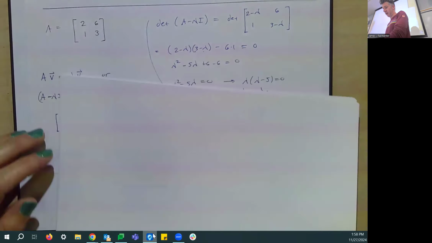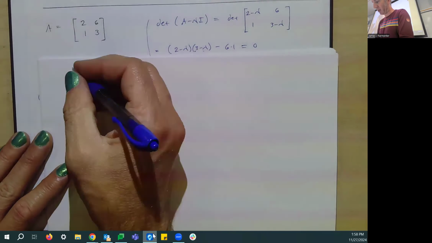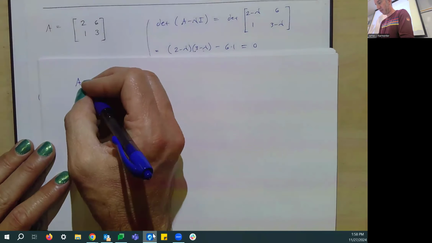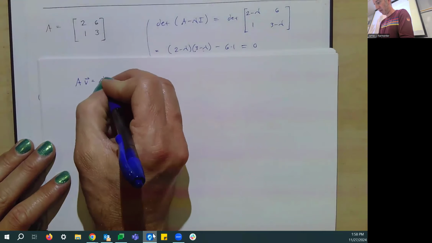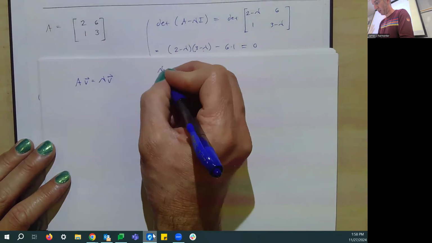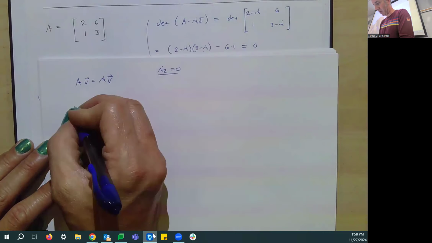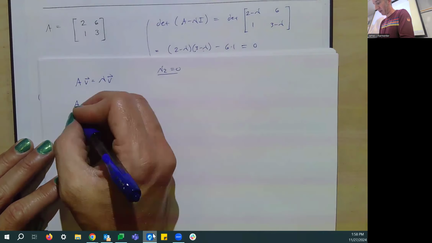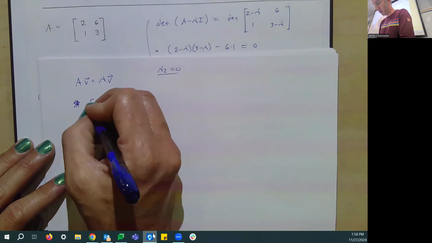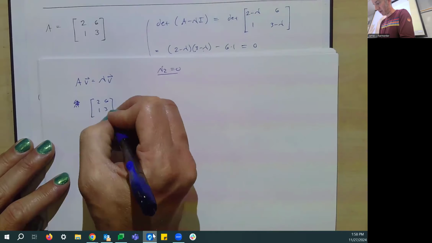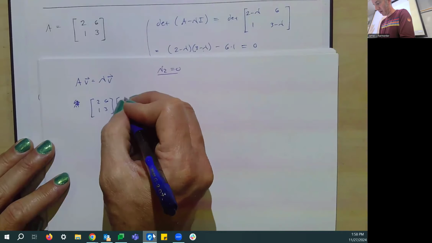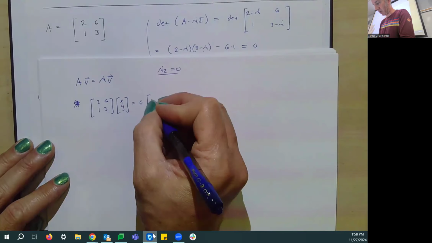So if we want to find it, I'm going to do it the way I like to do it. So A times V equal to lambda times V. For now, lambda 2 equal to 0 is going to give us, oh my God, I actually have to write out the matrix. 2, 6, 1, 3 times x, y equal to 0 times x, y.